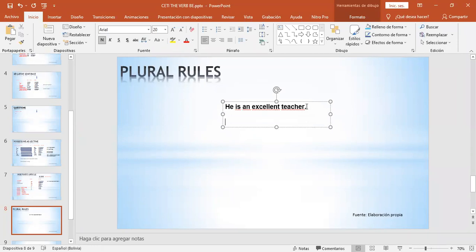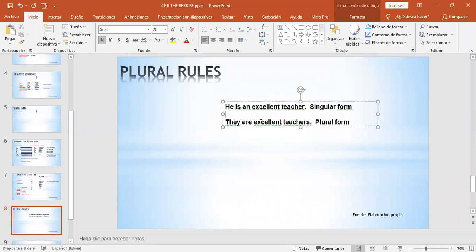And it's different if I say they are excellent teachers. What is the difference? The difference is that this sentence is singular form, and this sentence is plural form, singular and plural form.